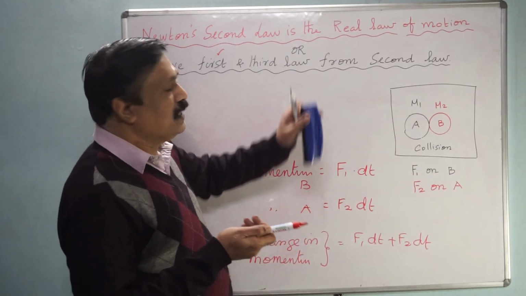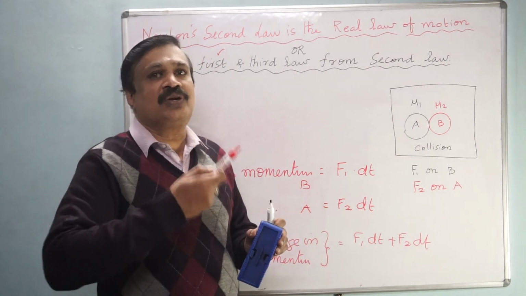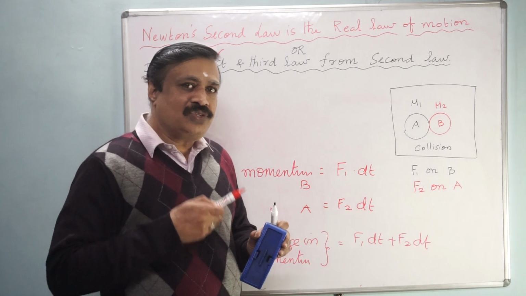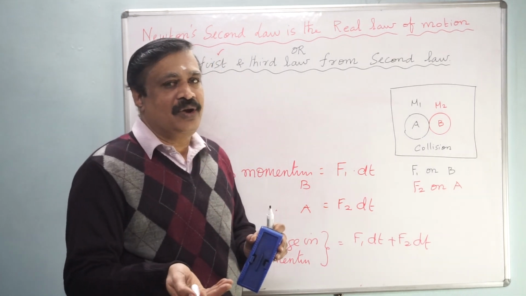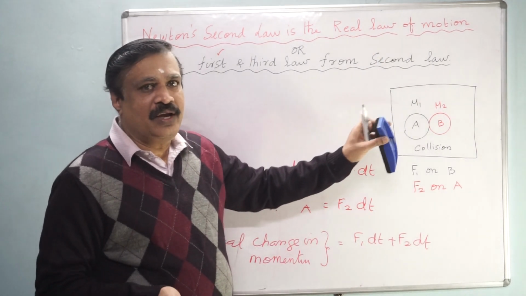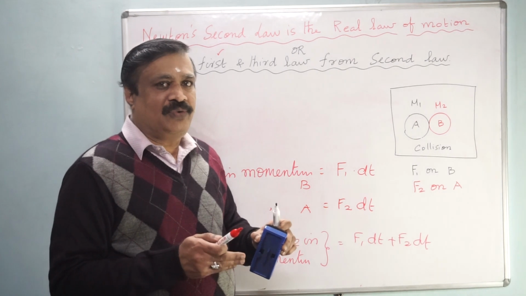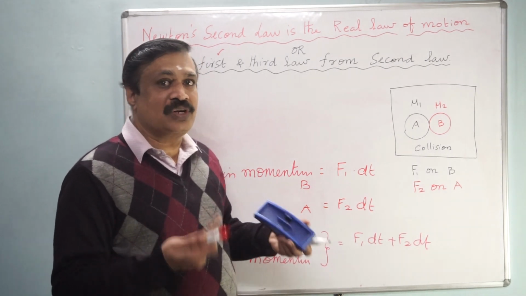Actually, what is the second law? The rate of change of momentum is equal to external force. If there is an external force, then only will there be a change in momentum. Now here, these two spheres are in an isolated system. Therefore, there is no external force.